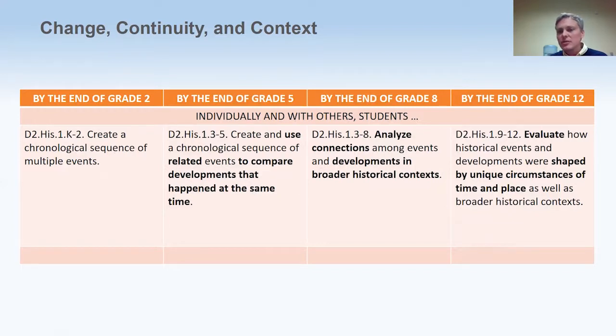And then by the end of their schooling in K-12, we really want them to start to be evaluative of historical events, and really understand what shapes unique circumstances in time and place, to really get a more sophisticated understanding of what causes change, what causes things maybe to not change, the continuity, and then the broader context that these historical events happen in. So it's really these thinking skills that we grow throughout the students' K-12 education.